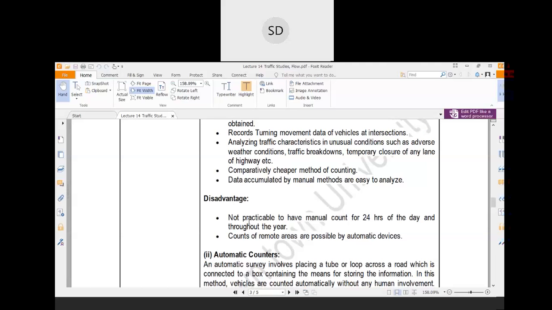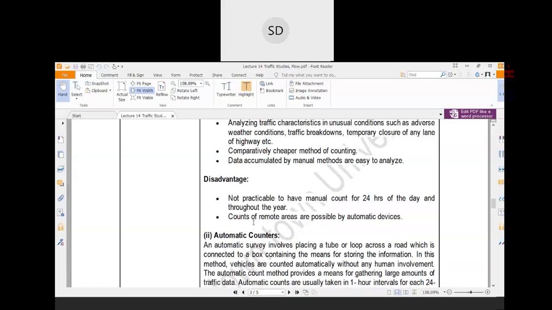Now, what are the disadvantages? First disadvantage is you cannot collect a large amount of data. Okay, it is not practically possible to manually count the traffic for a 24-hour time. And counts of remote areas are possible by automatic devices only.